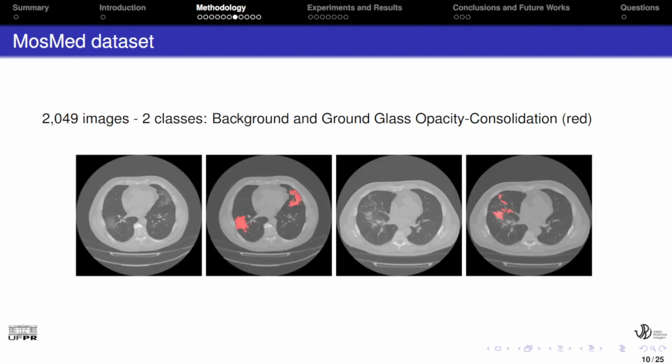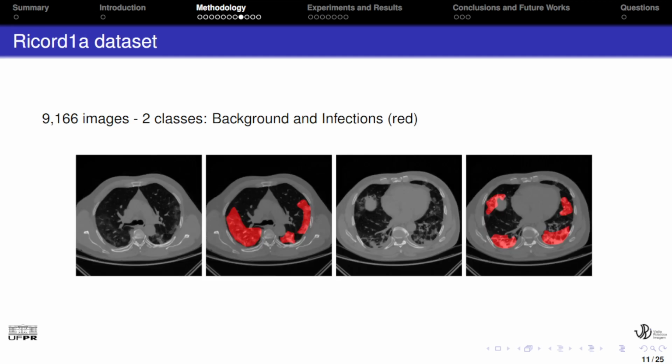The third dataset, called MosMed, has 2049 images and has 2 classes: background and ground glass opacity consolidation. This dataset is very imbalanced, with the lesion regions representing less than 1% of the pixels in the images. The fourth dataset, called Record 1A, is the largest dataset with 9,166 images and has 2 classes: background and infections.